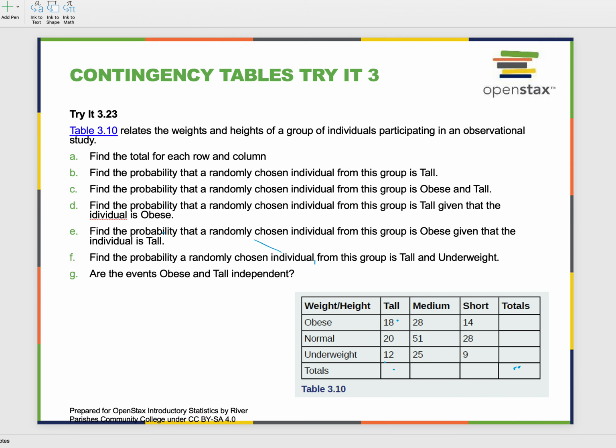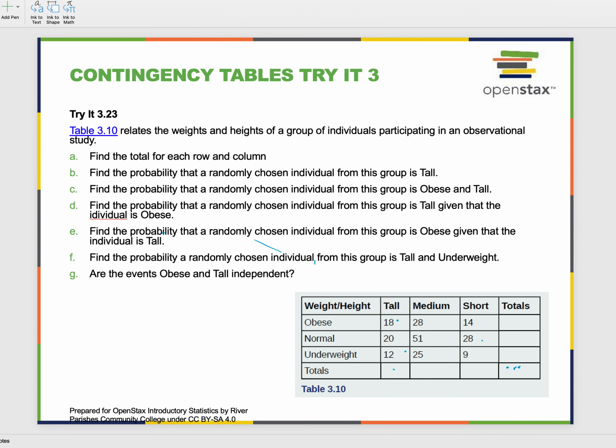Tall and underweight would be 12 divided by this total. So you got to decide what row and column you're in, and then you're taking the numbers of interest divided by the total numbers in that row or column, or the total amount. So the given means, when it's given, you're restricting yourself to a row or column in these contingency tables.